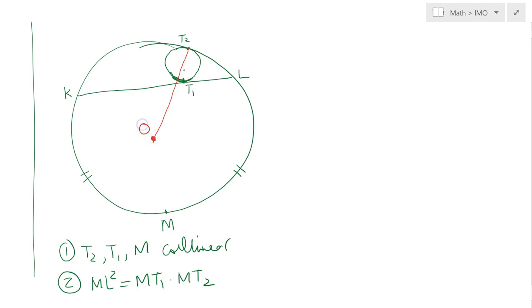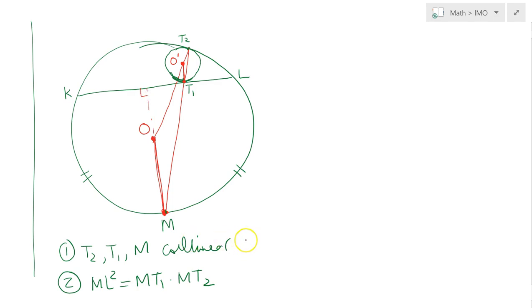So that's the center of the big circle, the center of the small circle, let's call it O prime, and the dilation, which takes O prime to O, will also take the bottom point of the little circle, namely T1, to the bottom point of the arc KL, which is M. You can clearly see that O prime T1 is perpendicular to KL, and in a similar way, OM is also perpendicular to that same line KL as well.